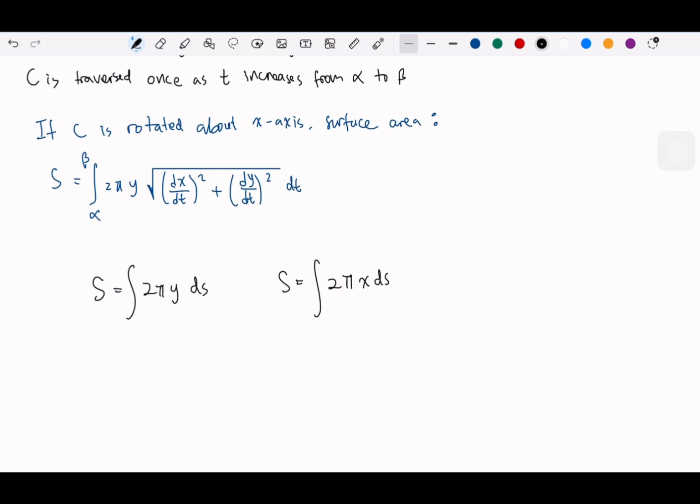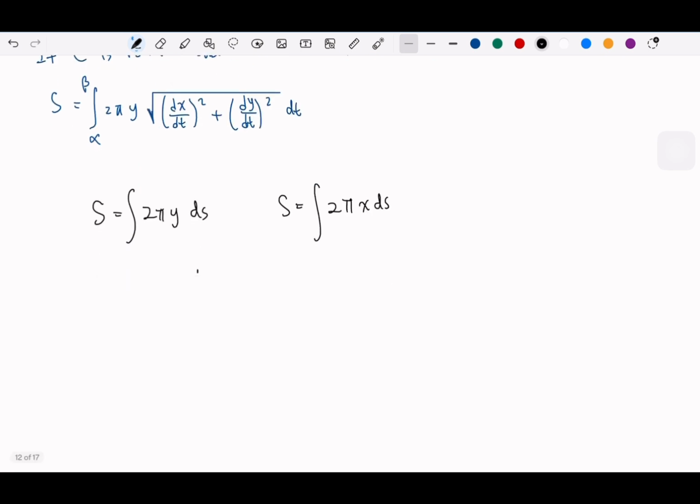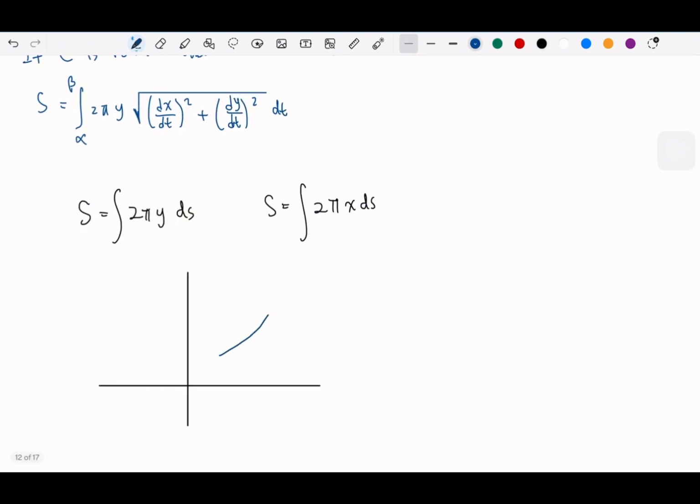If you have a shape like this and you want to rotate it about the y-axis, the logical reasoning is to take this as your radius. So x is your radius.